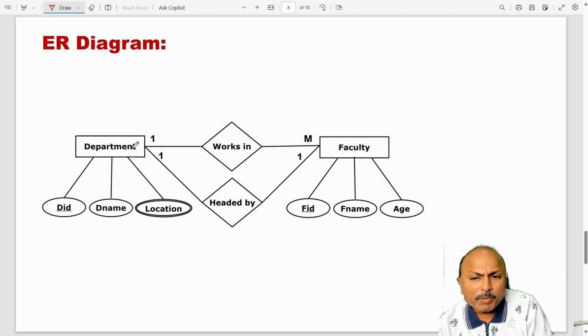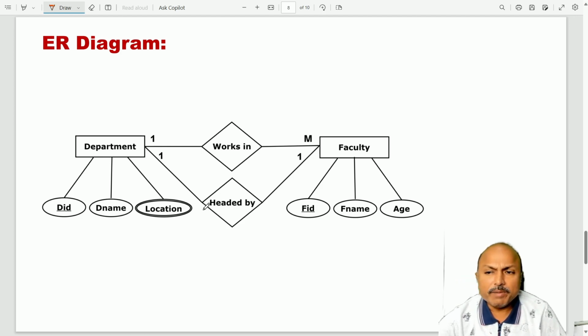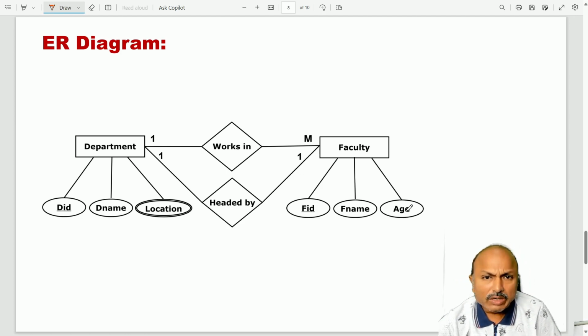So a department is headed by one faculty, and that one faculty is called the HOD. So this relationship is one to one. And here, location has a symbol; can you understand it? What is this symbol? Multi-valued attribute.